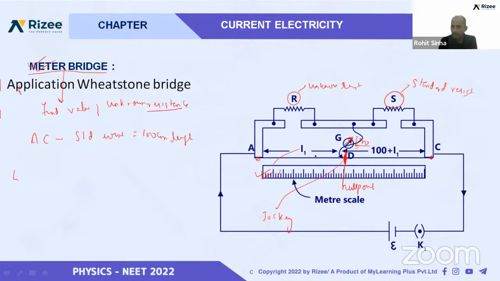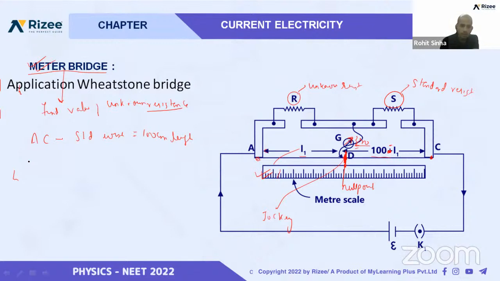Through this scale we know where we got the null point, let it be L1 from A. So the remaining length is 100 minus L1.